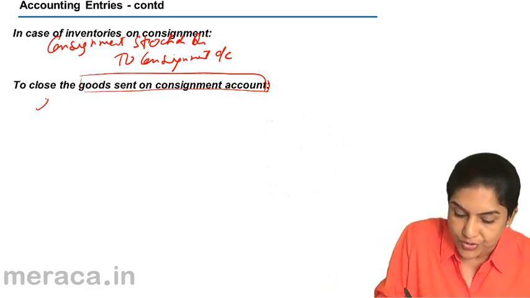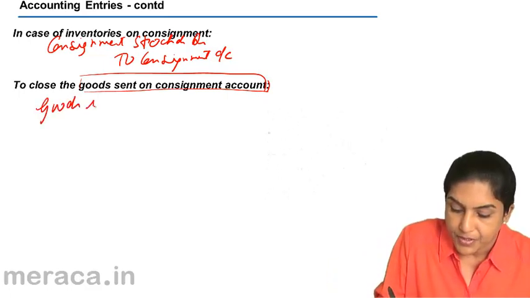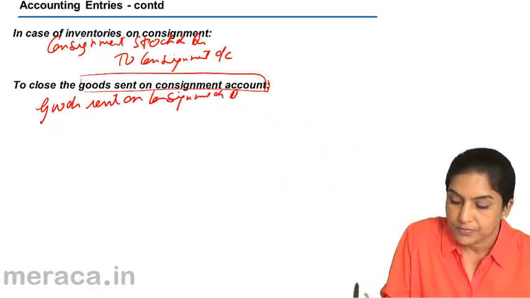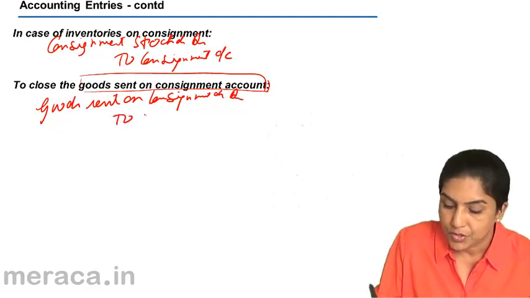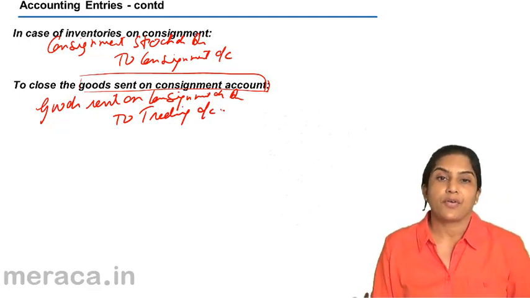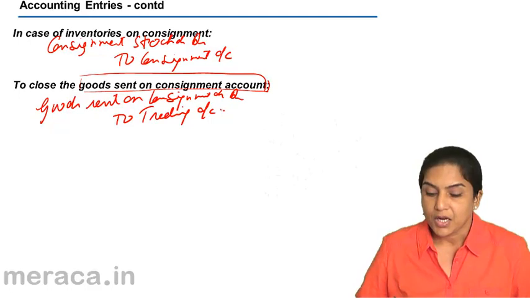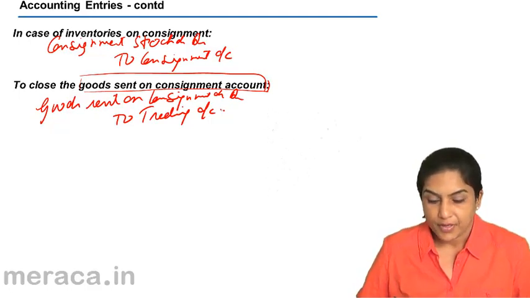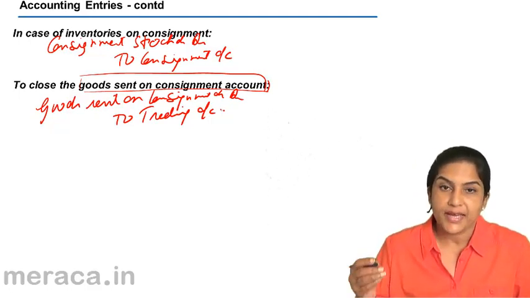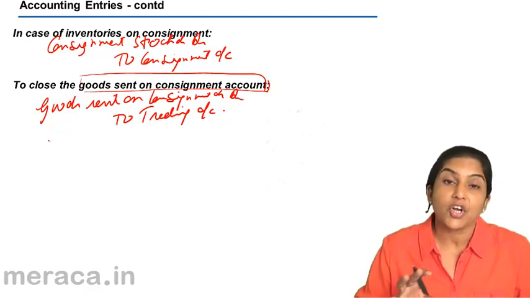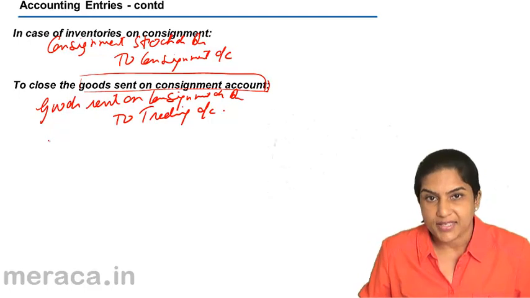In order to close that, we debit goods sent on consignment account to trading account or manufacturing account, if that be the case. When we do this, only then the correct gross profit on the ordinary sales can be ascertained.